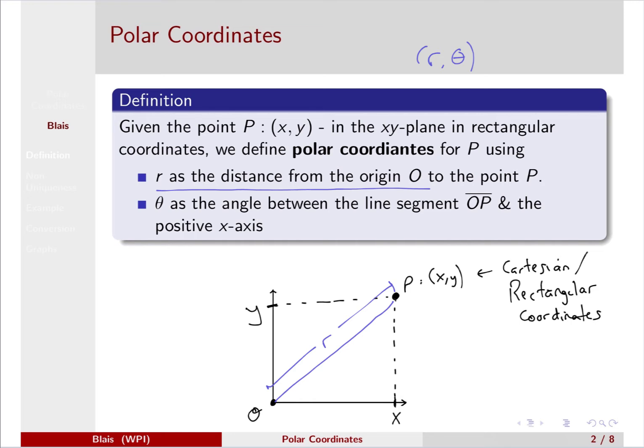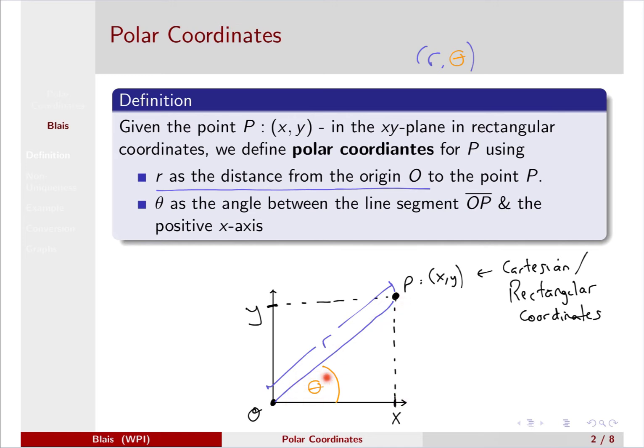Once we have that, we then define theta as the angle between the line segment OP and the positive x-axis.